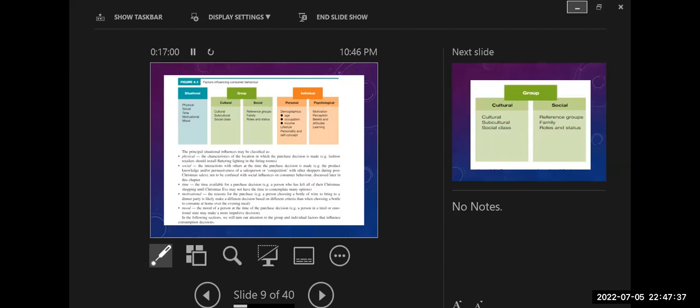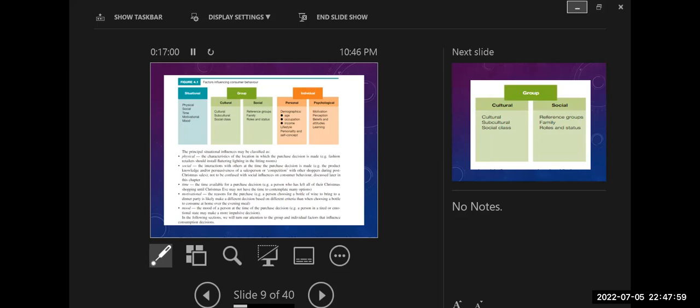For example, a couple who decide at the last minute to go to their favorite restaurant for a romantic candlelight dinner may change their minds if they see that part of the dining area is being renovated. So, in these instances, there are five dimensions under the situational factors that we should reflect on. One is physical.